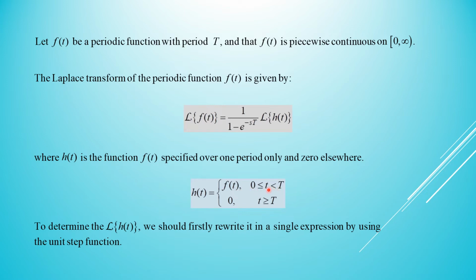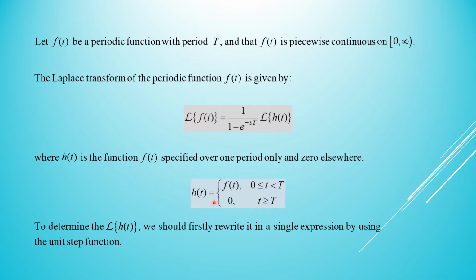In other words, h of t is the function f of t in the first cycle, and h of t is equal to 0 for t larger than or equal to capital T. In other words, h of t has been suppressed to 0 after the first cycle. Okay, notice that this h of t is given in piecewise form.